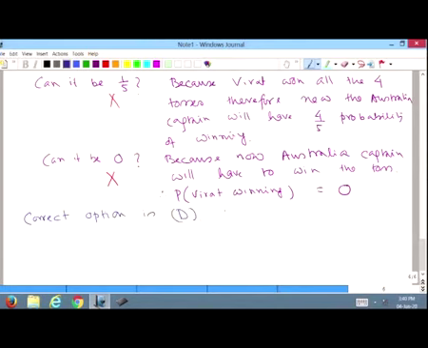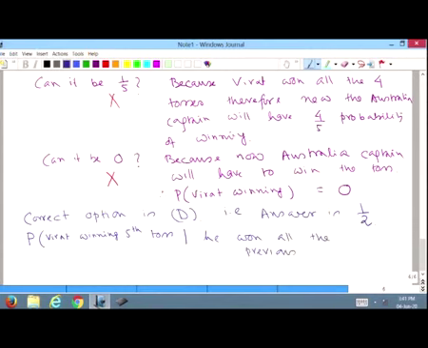Therefore, the correct option is D, that is, the answer is half, because probability Virat winning the fifth toss given he won all the previous tosses is the same as probability Virat winning the toss, as these are independent events.